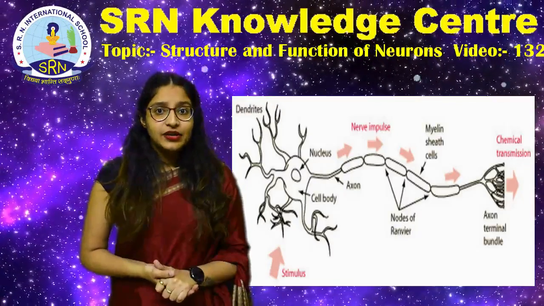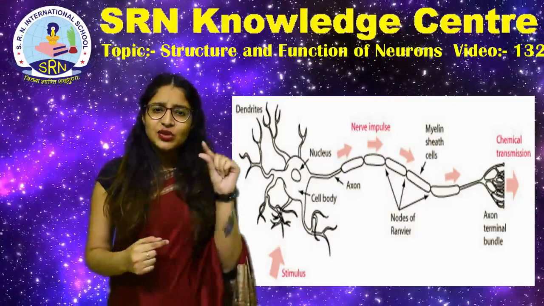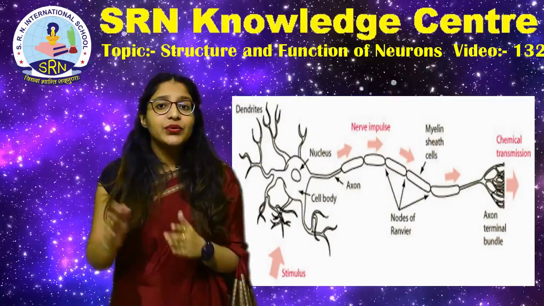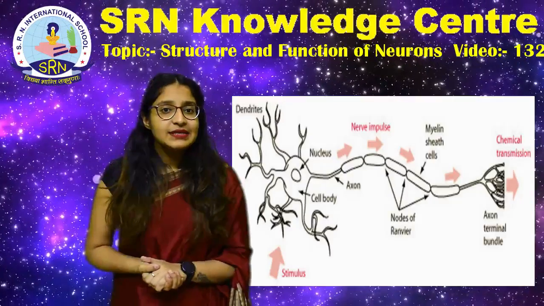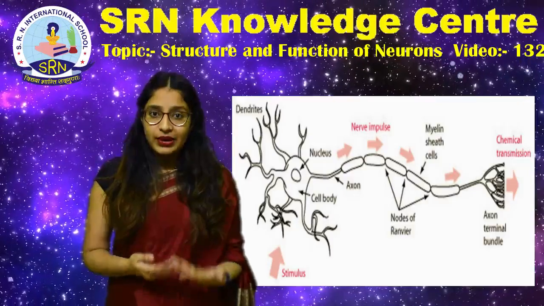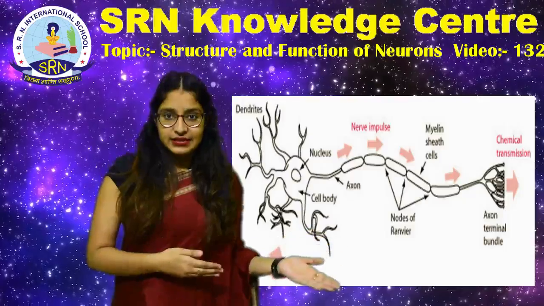When the stimulus energy is relatively weak, the electrical changes are so small that the nerve impulse is not generated, and we do not feel that stimulus. If the stimulus energy is relatively strong, then electrical impulses are generated and conducted towards the central nervous system.